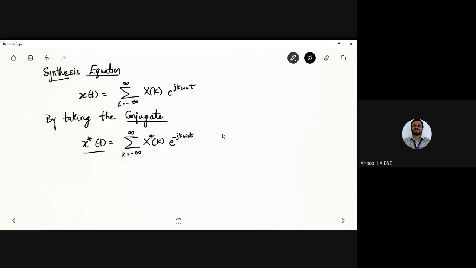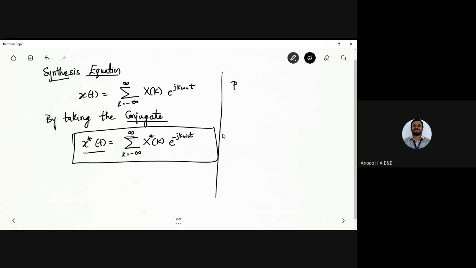Okay, so now this equation has to be substituted in the integral equation that was there for the average power. So what you are going to get there? That is P will be equal to 1 divided by T integral over the time period, say x of t. Here it was x star of t, where I'll be representing this equation.